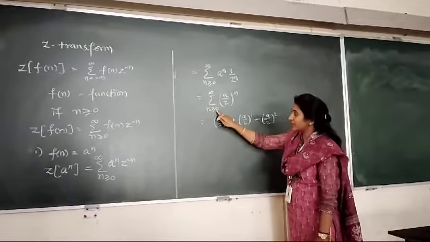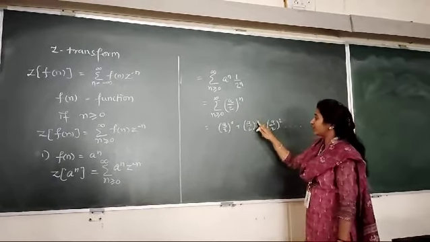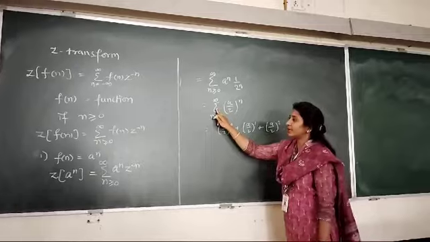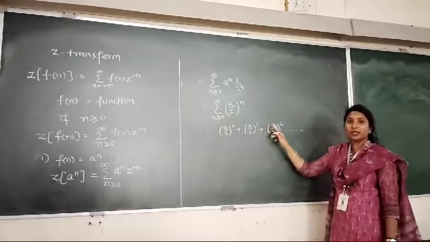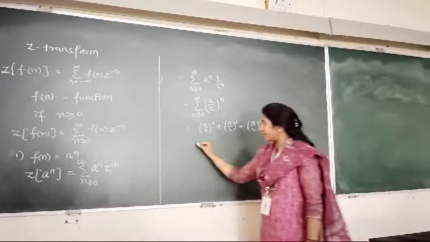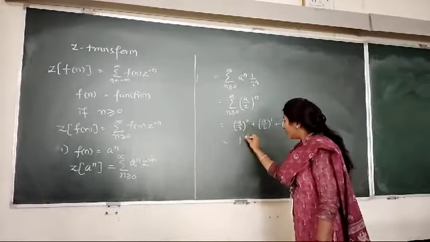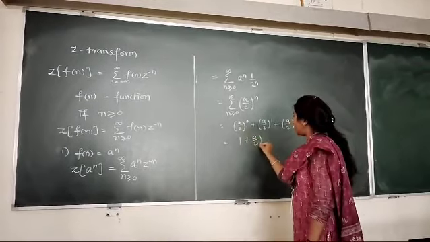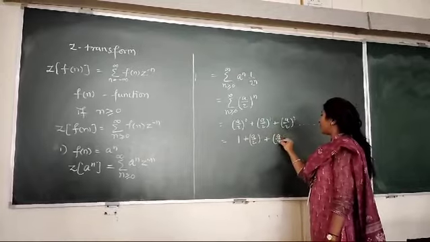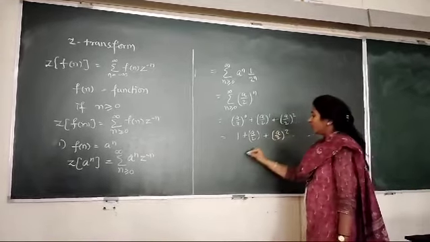We put n equal to 0, n equal to 1, 2. As we have the summation sign, we use plus signs. It converts to 1 plus a upon z plus a upon z square, and so on.